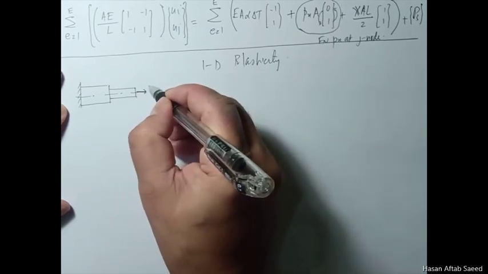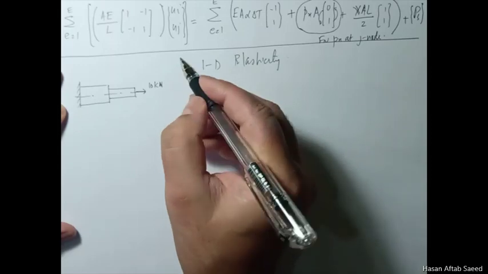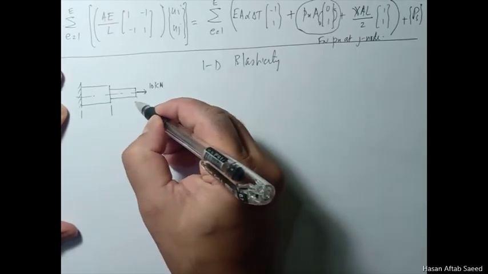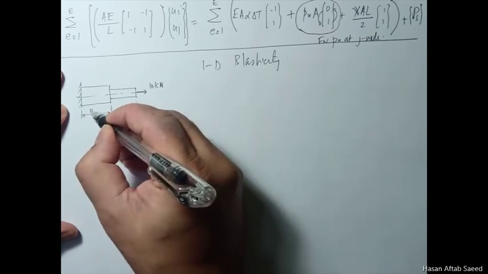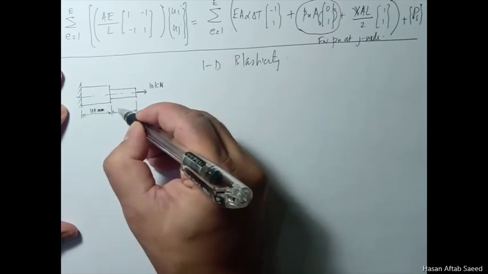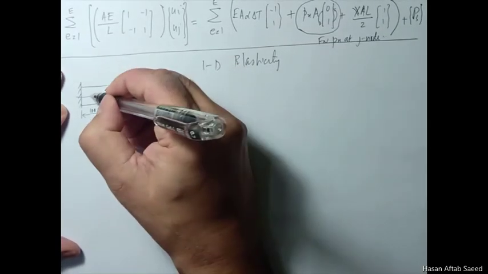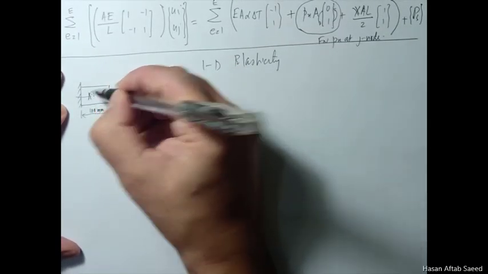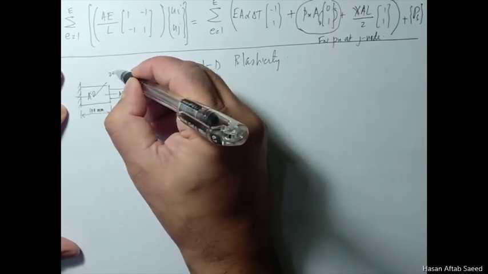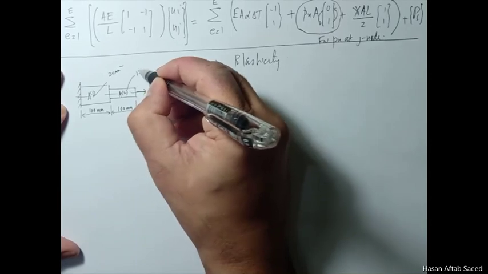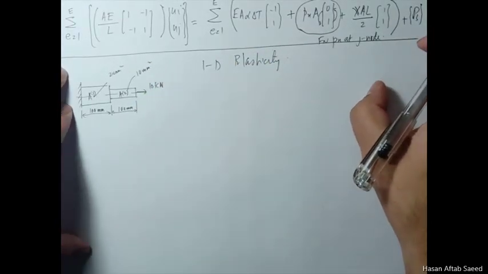Let's say this 10 kilonewton force is applied here, and the dimensions of this bar are 100 millimeter and 100 millimeter. Both have different cross sections. This is 20 square millimeter and this is 10 square millimeter.